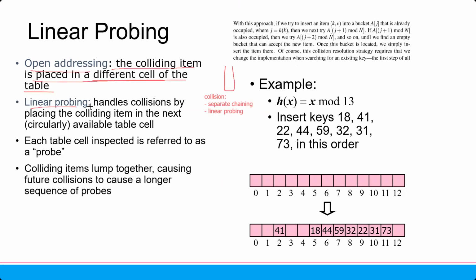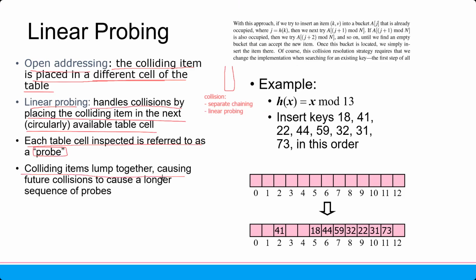So linear probing means we handle the collision by placing the colliding item in the next circularly available table cell. Each table cell inspected is referred to as a probe. So we want to probe for every cell.